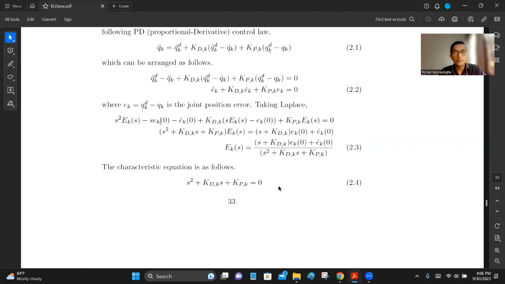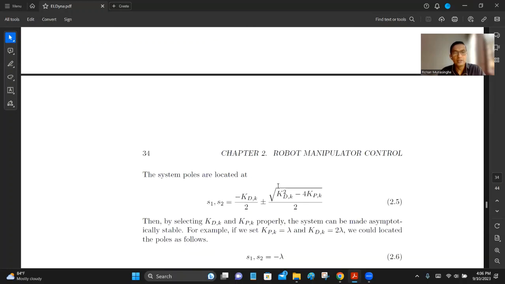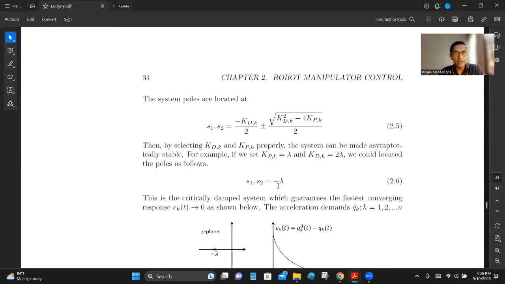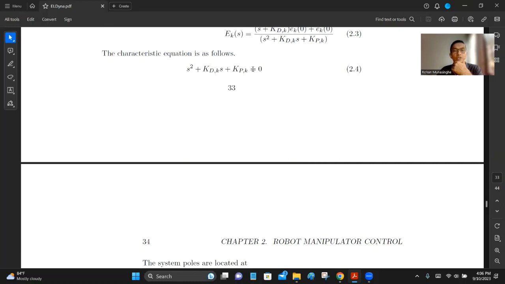Now, you know this, you have done this before, right? It's a quadratic equation, and you can find the roots. The roots of the characteristic equation are called the poles, and you have two poles here, s1 and s2. They are equal to minus K_D over 2 plus or minus the square root of K_D squared minus 4 K_P, over 2, right? Coming from this equation.